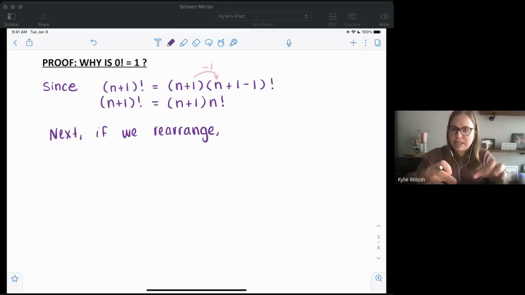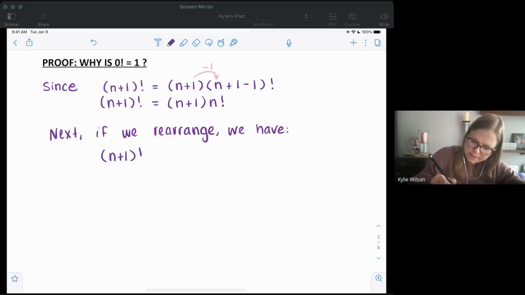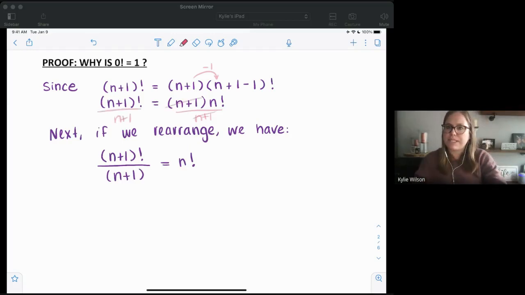So since I have this, I can now rearrange. I'm just going to divide by that n plus 1. So I'll have n plus 1 factorial divided by n plus 1 equals n factorial. So all I did is I moved this over here. I divide by n plus 1 here, and I divide by n plus 1 here. That's what we did.